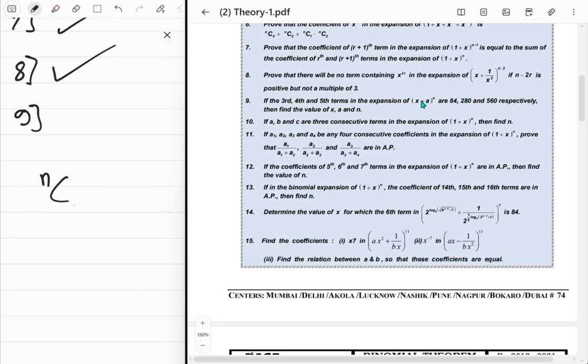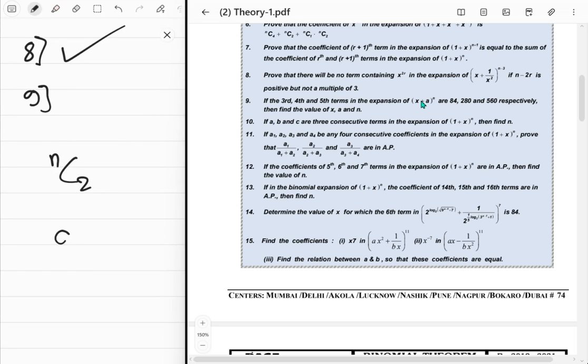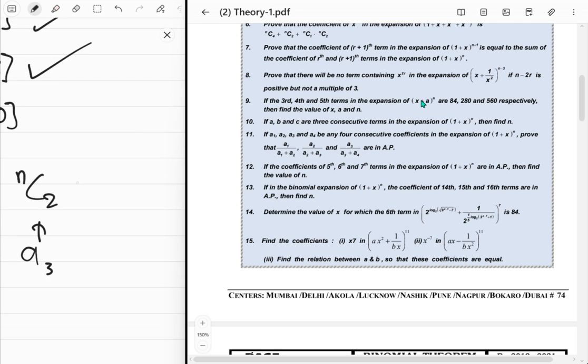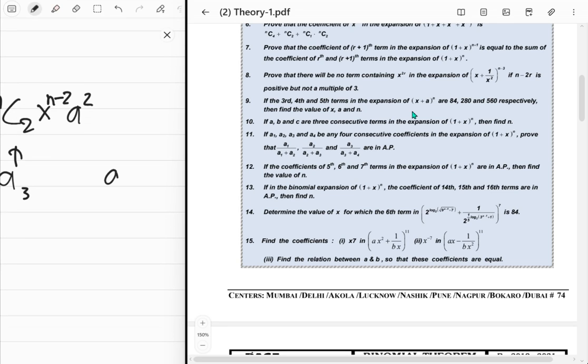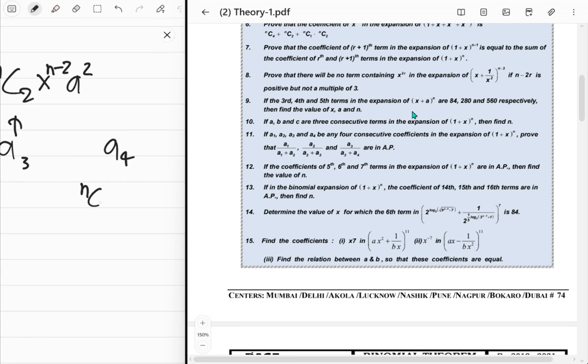So nC, third term is just got 2 over here, and then so third term A3 is just this thing. nC2, you got x power n minus 2. Right, I'm not going to make that mistake anymore. Okay, kind of like this. And then A4, that will be nC3.